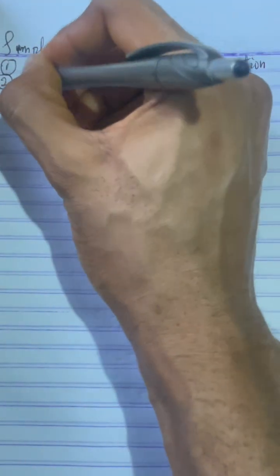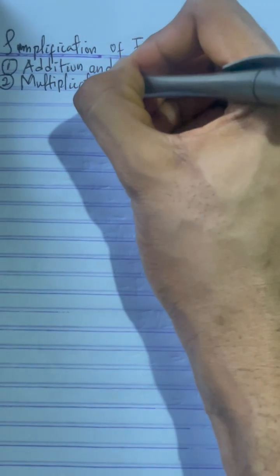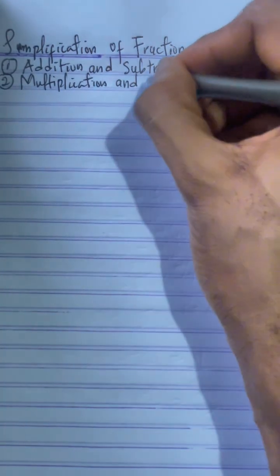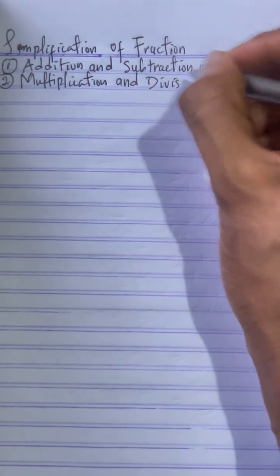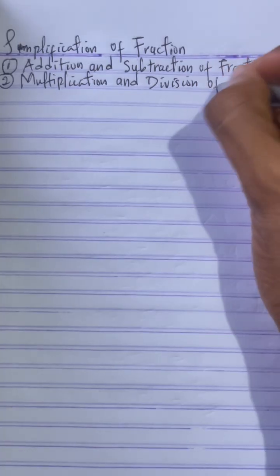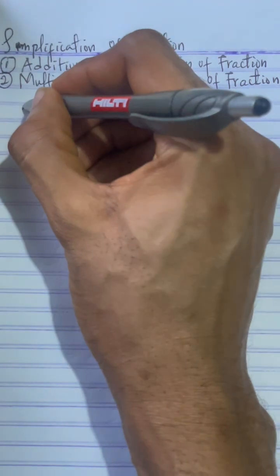Two, multiplication and division of fractions. Exactly. Addition and subtraction of fractions. Two, multiplication and division of fractions. All right, so now let's see the first case, addition and subtraction.